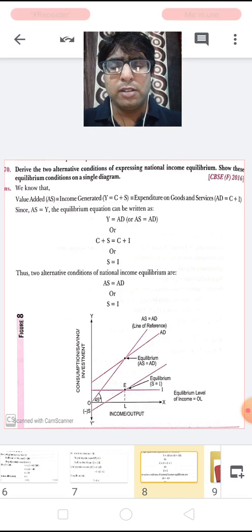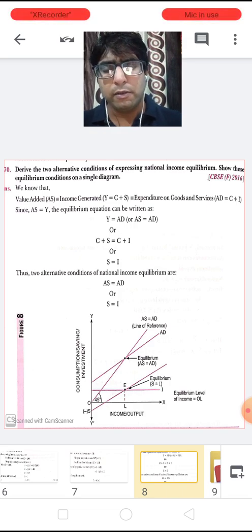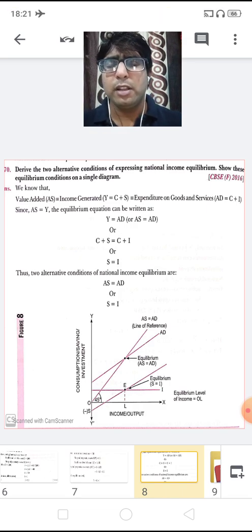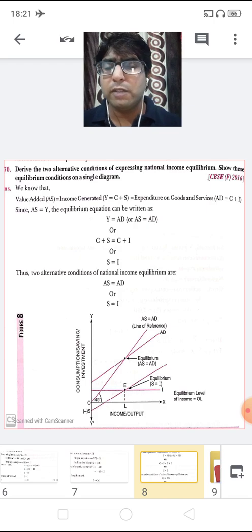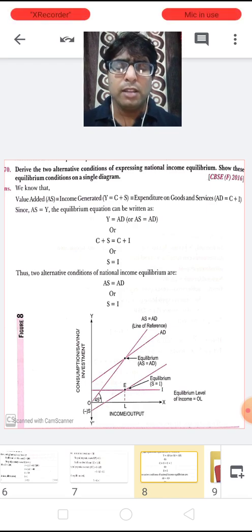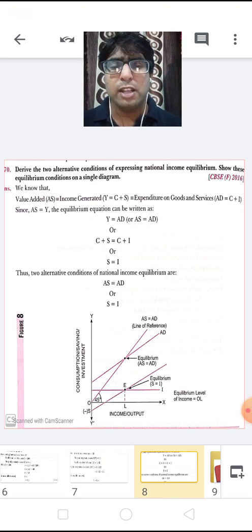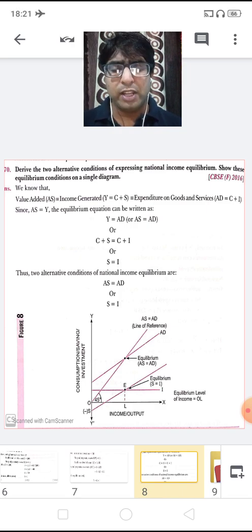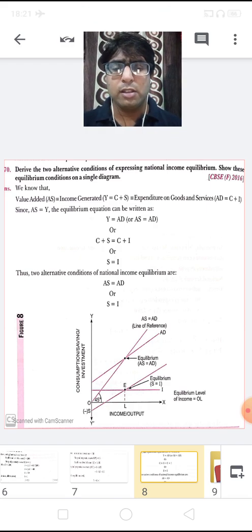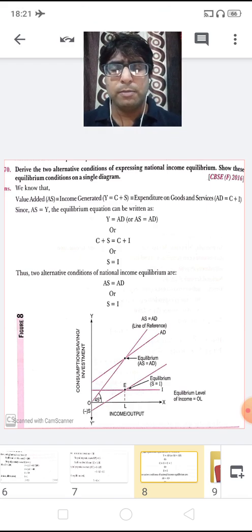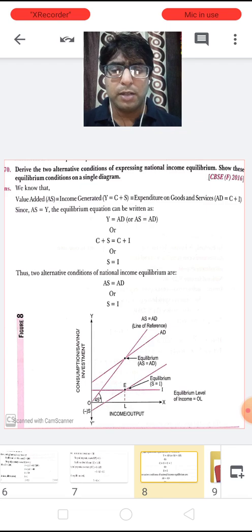So once the national income we are earning is equal to the expenditure on various goods and services, on consumption and investment expenditure, then in this equilibrium the equations can be written in the same way, that is income equals AD, or AS equals AD, or consumption plus savings equals consumption plus investment.